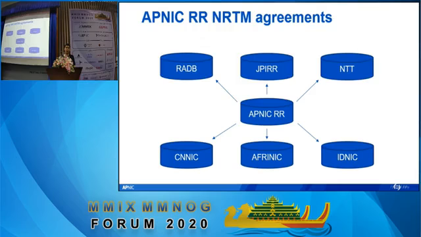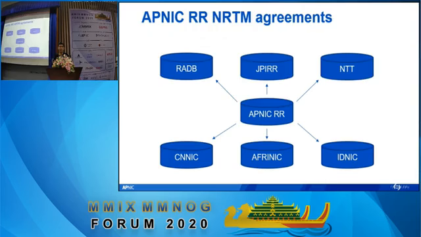I know if you wish to have a route object registered in RIDB, usually RIDB will charge you some fees. But if you are an APNIC member, you can register your route object in the APNIC WHOIS database, and that will get mirrored to RIDB, where you no longer need to pay them any fees.